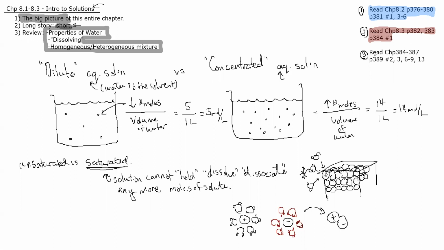For the last section, there's very little to actually explain other than the idea that like dissolves like. It is a very important concept, but as opposed to me trying to explain it via video, I think it makes more sense for you to read it on your own.